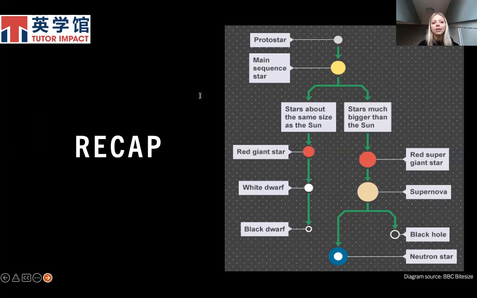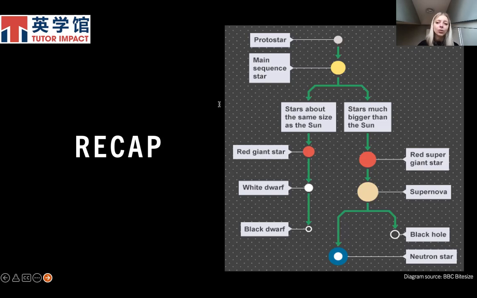You'll remember that gravity slowly begins to bring all of that dust and gas together. And then we will have the protostar, and this is where the mass falls together and it gets hotter, so that temperature is increasing. And this star is formed when it's hot enough for the hydrogen nuclei to turn into helium. So we spoke briefly about fusion.